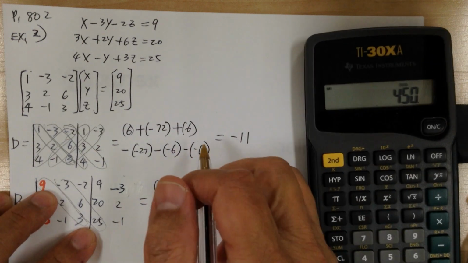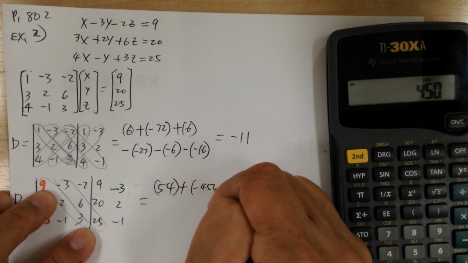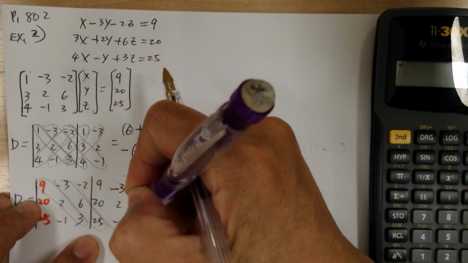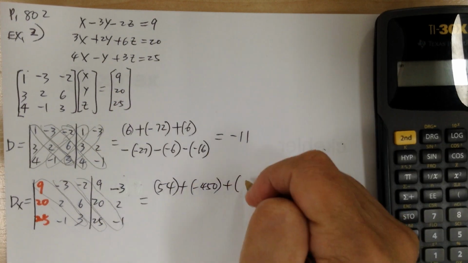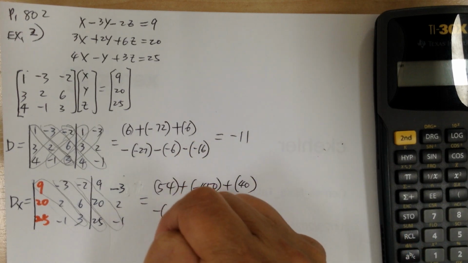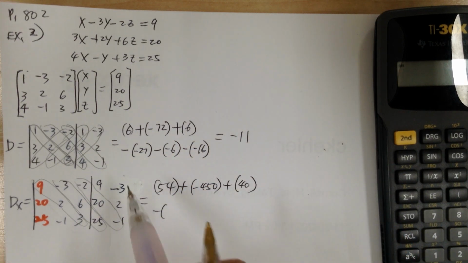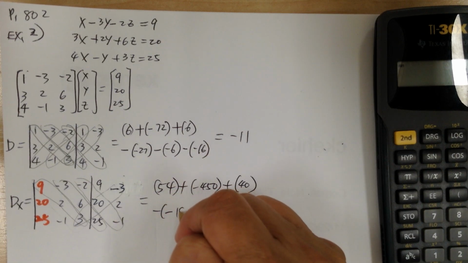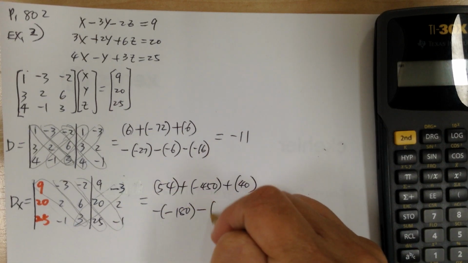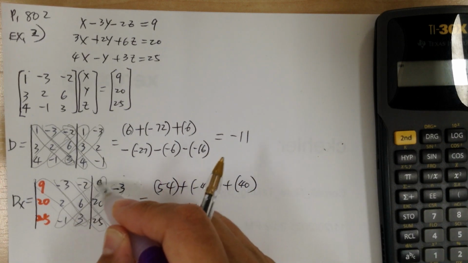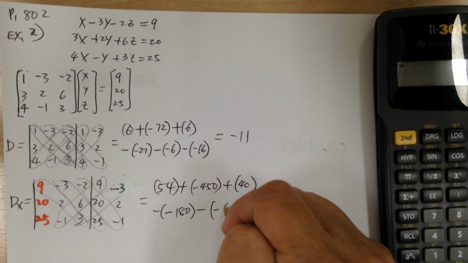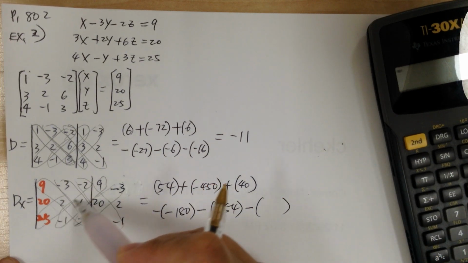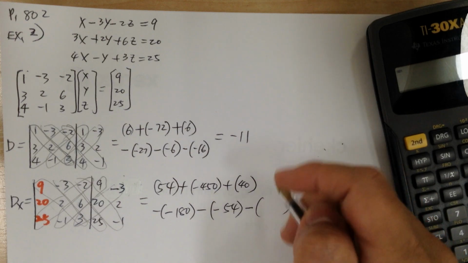Okay, so it'd be -450 plus the next diagonal. Okay, 40 minus -180 minus -54 minus 100.